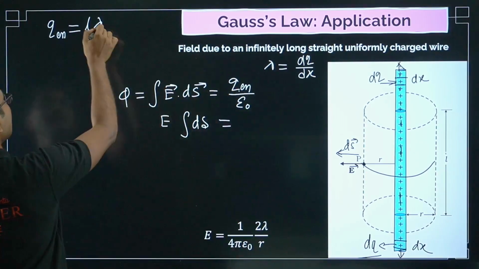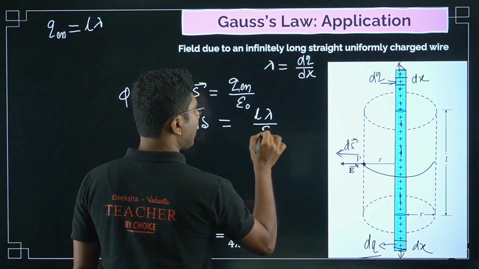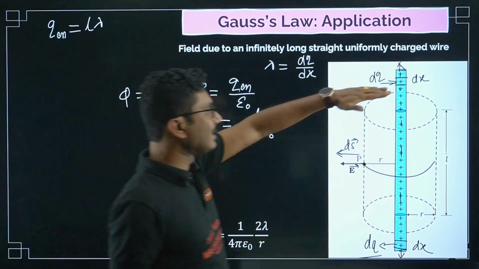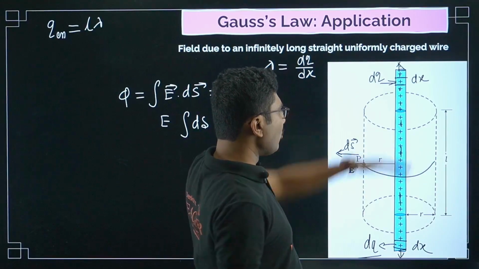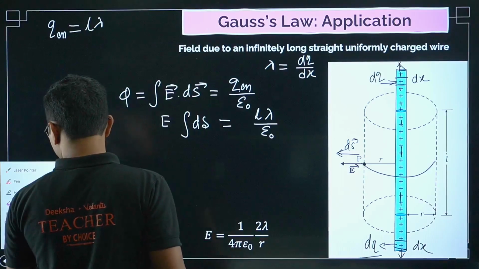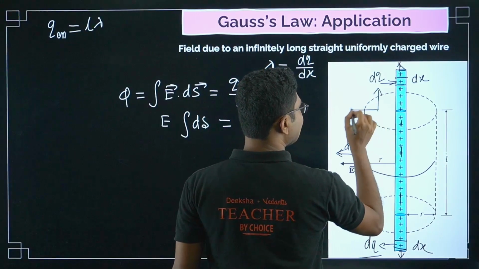Now Q enclosed is given by L into lambda by epsilon naught. Now we have to find the ds. If you consider this section and this section, in both cases ds is in this direction and E is in this direction.